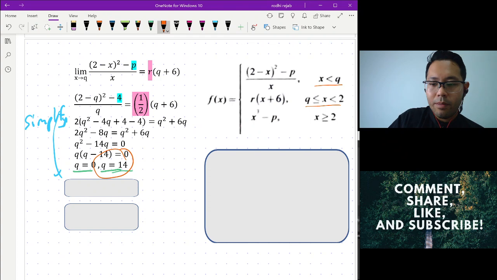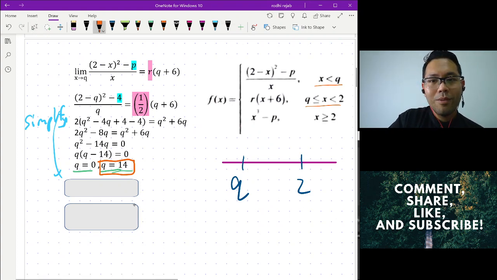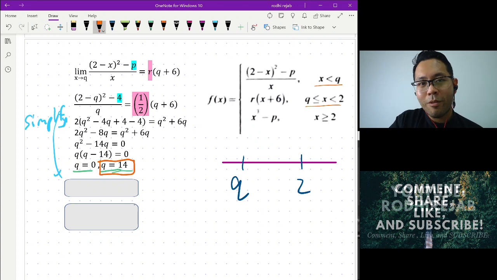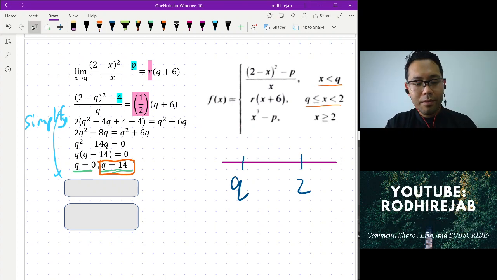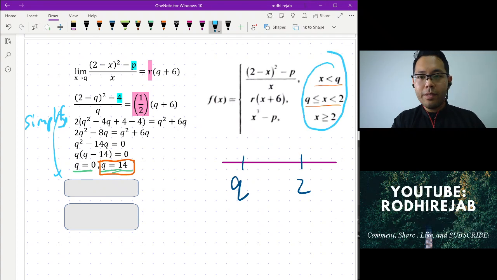So let me give you a little bit of visual. Let's say we draw a number line, with 2 on it. From the context of the function, you can see Q is less than 2.